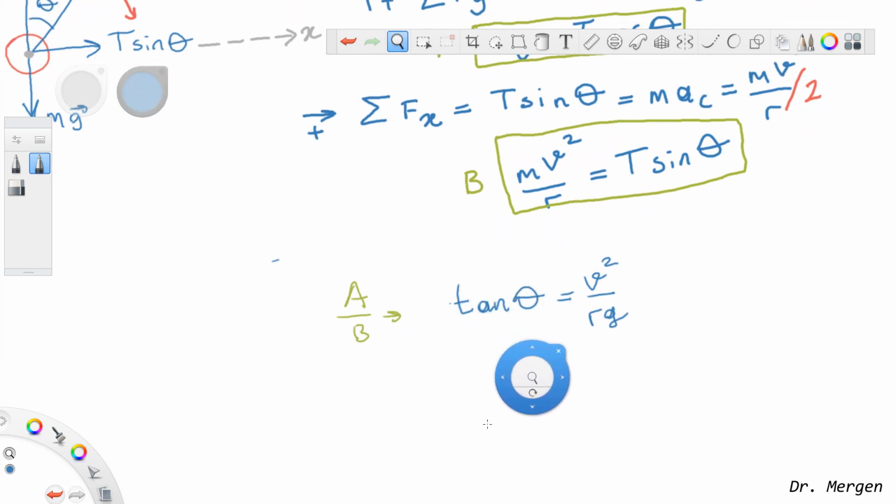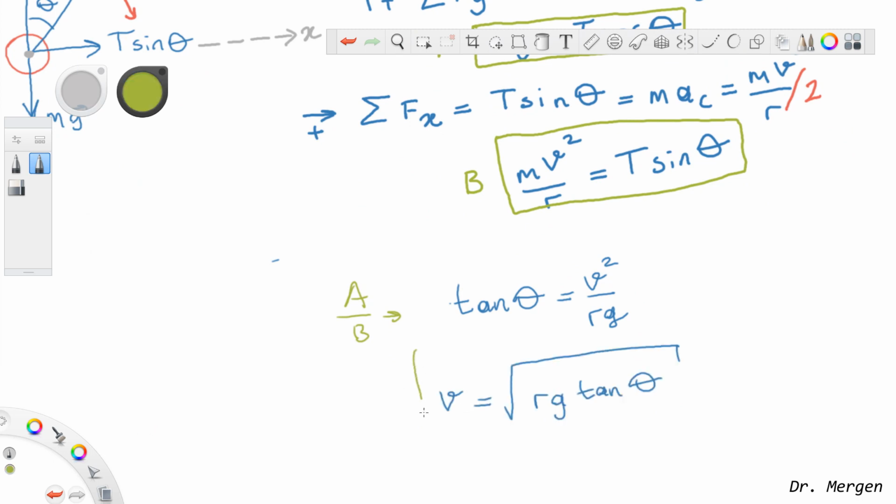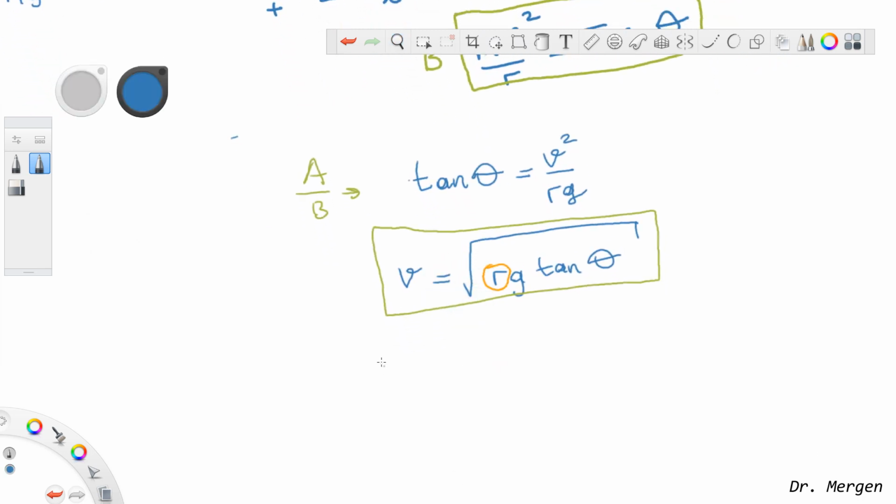And if we solve this expression for v, the velocity of the ball, but I'd like to add one more thing. I want to express this radius r in terms of the length of the string. It is more practical than using the radius. This is our final expression for the velocity v.